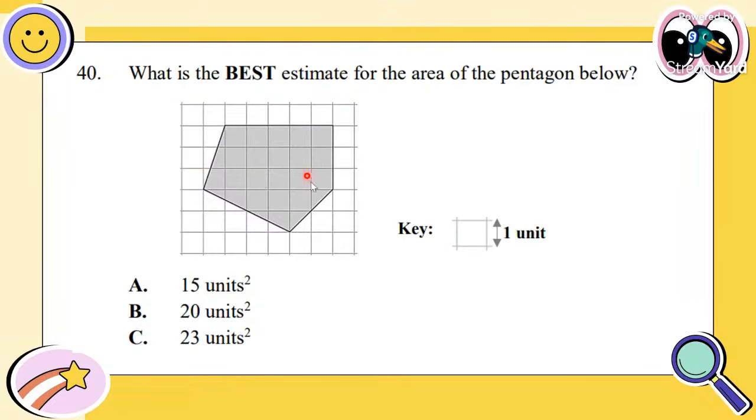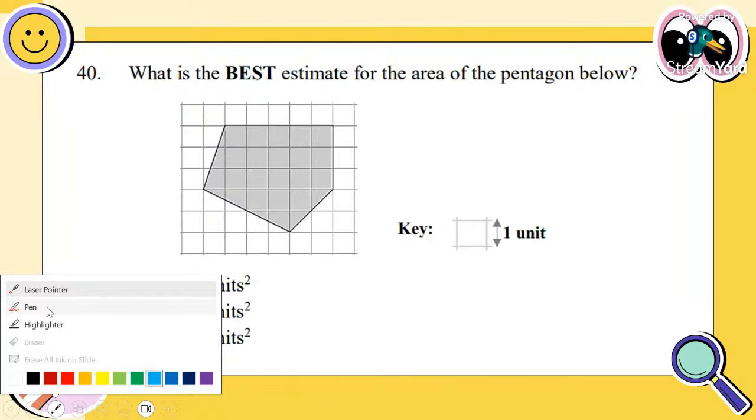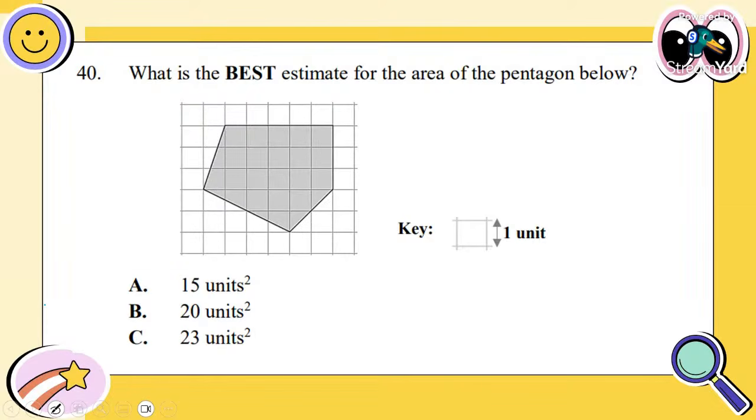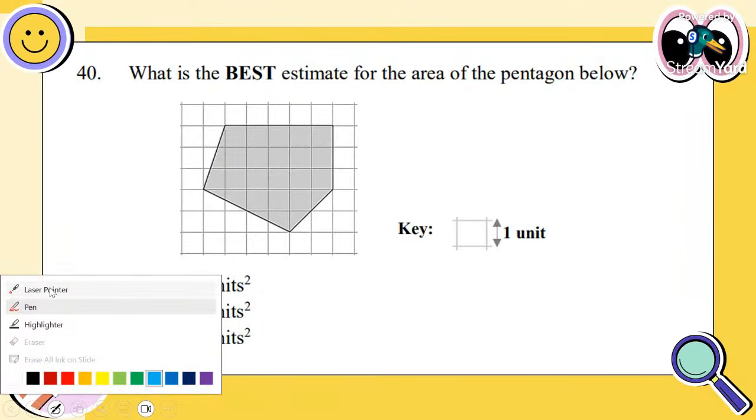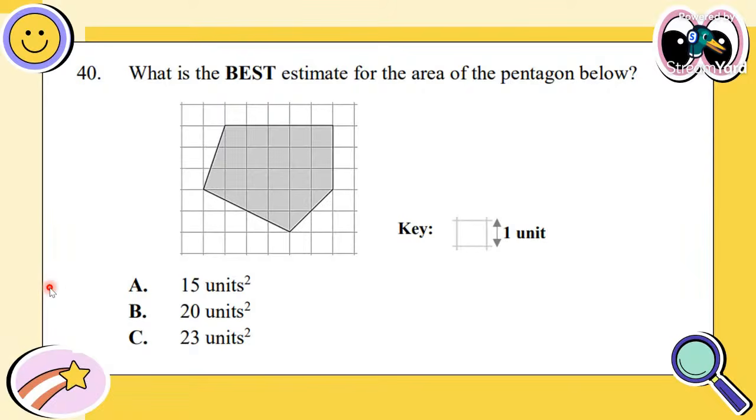All right, so since we're counting how many square units are in the middle, let's go right ahead and start doing so together. Because we're talking about a best estimate, if there is a complete square, like this one here, we count this as 1.